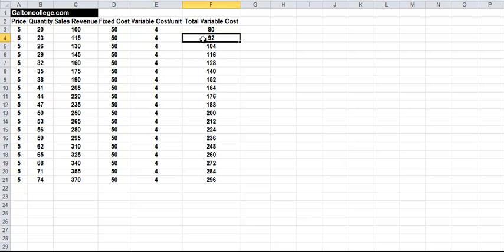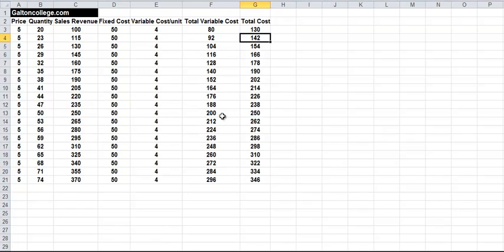So you can do this very simply on a spreadsheet. Just enter the formulas and you will get these figures across here. So 26 times 4 is 104. So you can work out the total variable cost. Now what we've got on our table so far is fixed costs and variable costs. Well, fixed plus variable is equal to total. So we've got total costs.